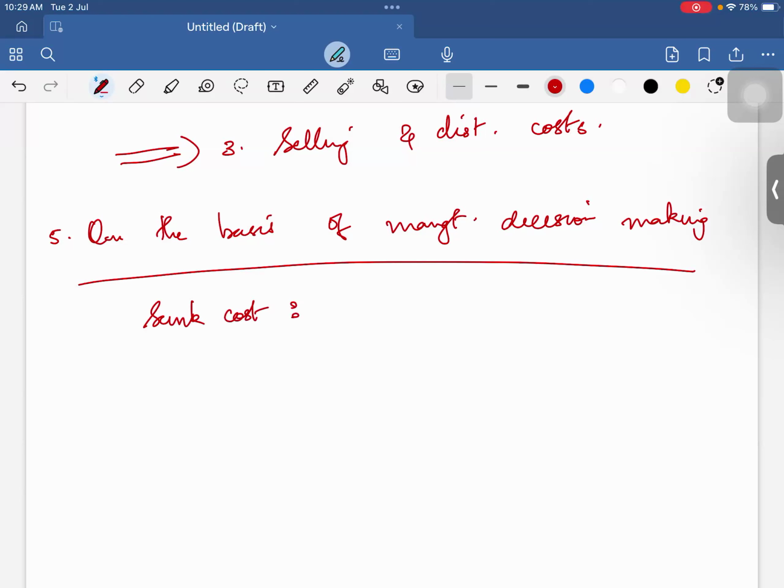These are all things that you studied in MA. So sunk cost is something that happened in the past. It has already happened, and the sunk cost is the past cost. It's already incurred.